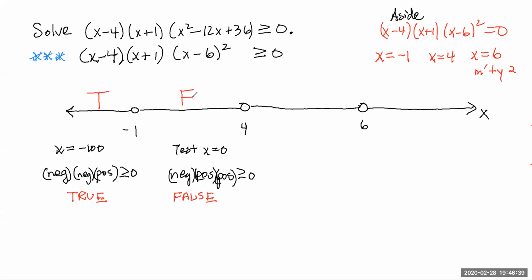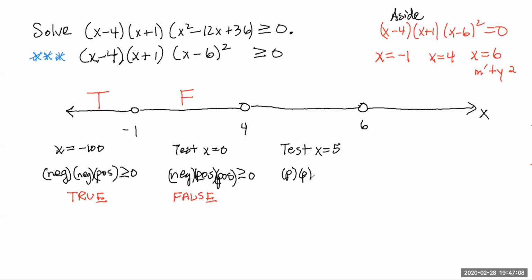So we keep doing this until we actually test all parts of the number line. So what do you think? Between 4 and 5, I'm sorry, I gave the answer away. Between 4 and 6, what should you test? We should test x equals 5. And let's see what we get. So now we get a positive times a positive.